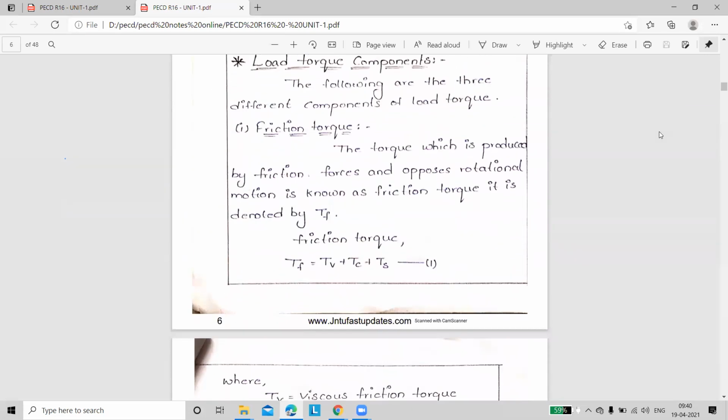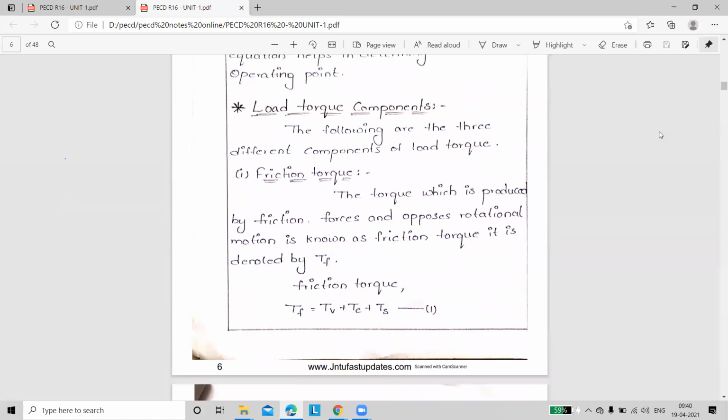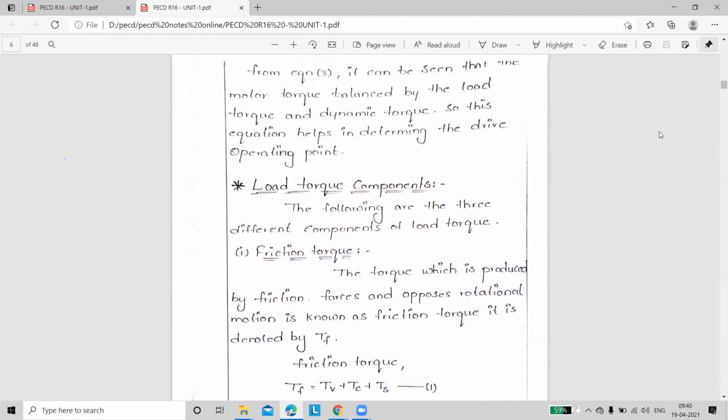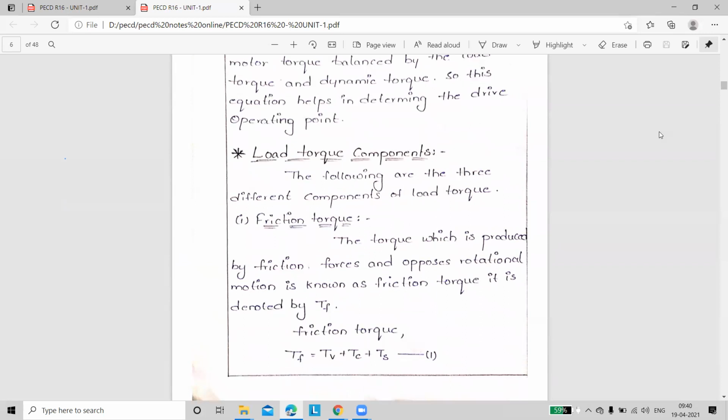Just a 2-mark question: how is a load torque going to be classified? That means load torque components, friction torque. Just look at the screen, this is the definition. The torque which is produced by the friction forces and opposes rotational motion is known as friction torque. It is denoted by TF. Actually, you have to know this load torque whenever you are explaining the load torque components and load torque basic equation.